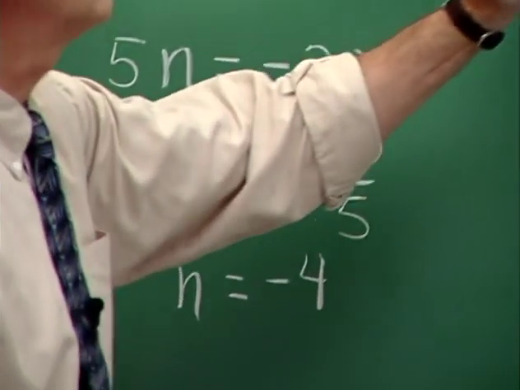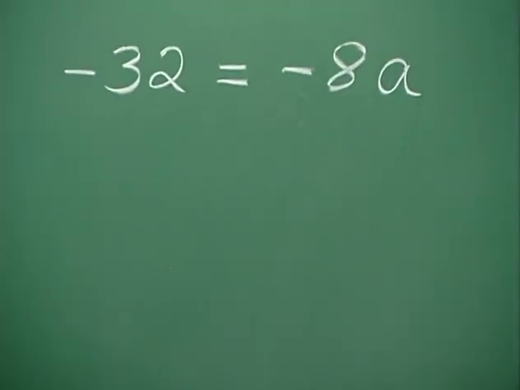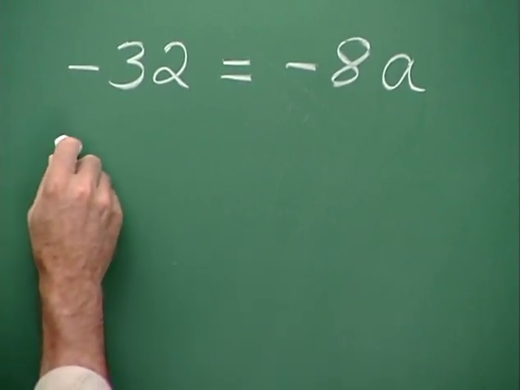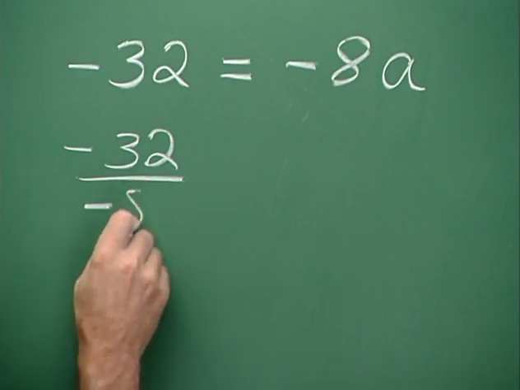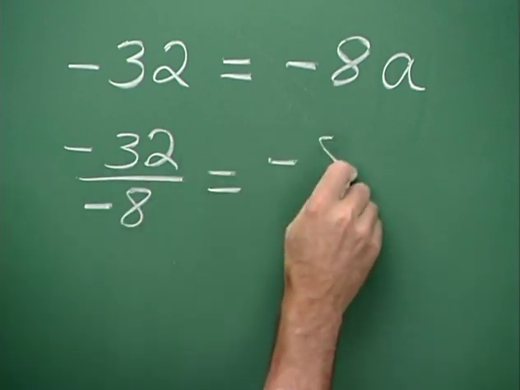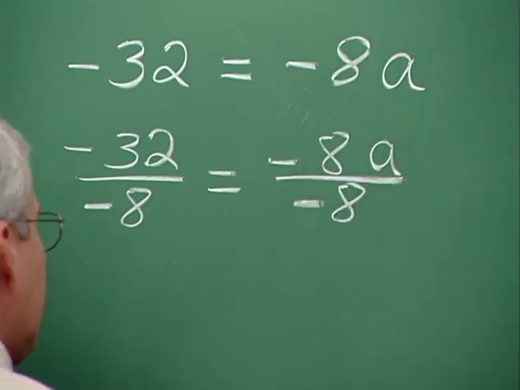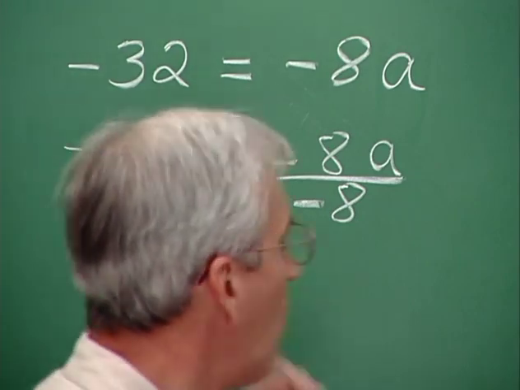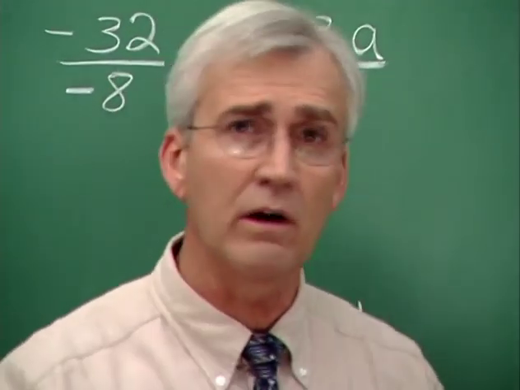Here again, we have a number next to the letter. That number is negative 8. We're going to divide on both sides by negative 8. We indicate it like this. Bring down each side and show that we're dividing by negative 8. You know, it might be worthwhile for me to elaborate just a little bit about why the negative 8's sort of disappear here.